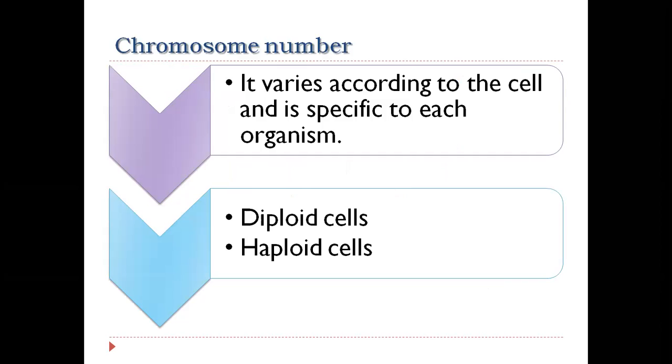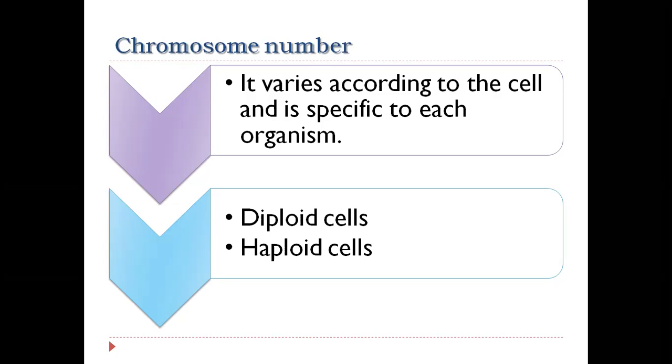The number of chromosomes varies according to the cell and is specific to each organism. So we have diploid cells and haploid cells. Diploid cells in humans have 46 chromosomes, and the haploid cells have half of that, meaning half of diploid cells.